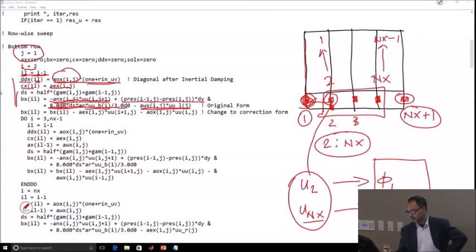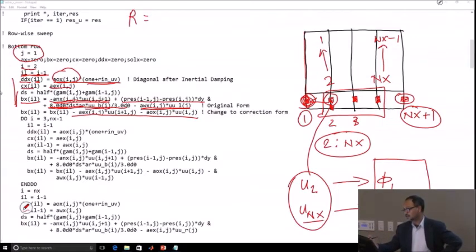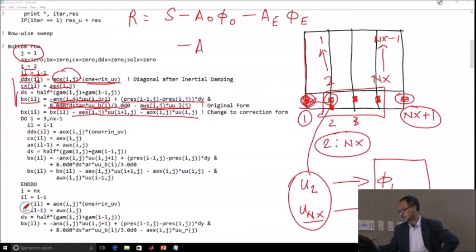So what am I doing here? I'm saying, okay, whatever right-hand side I calculated, I'm also going to subtract out the rest of the equation from that. Okay, so the idea is my residual is my source minus A naught phi naught minus A east phi east minus A west phi west.